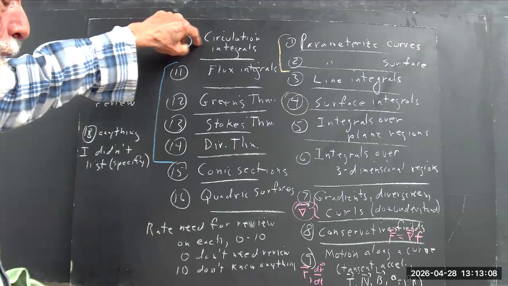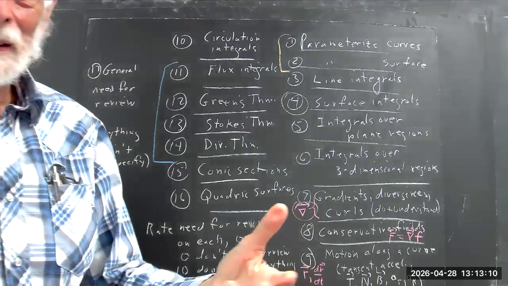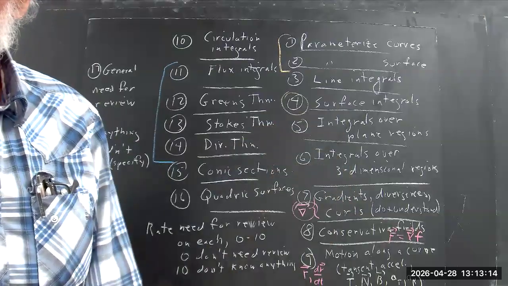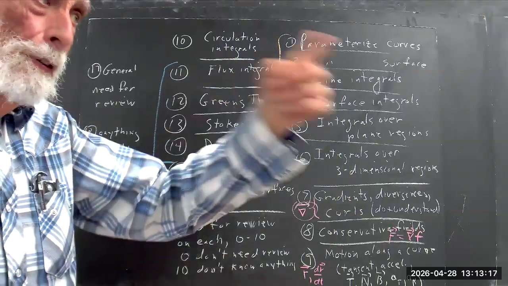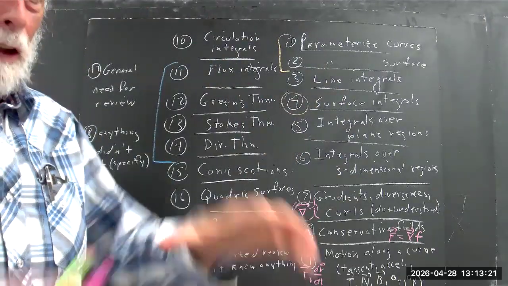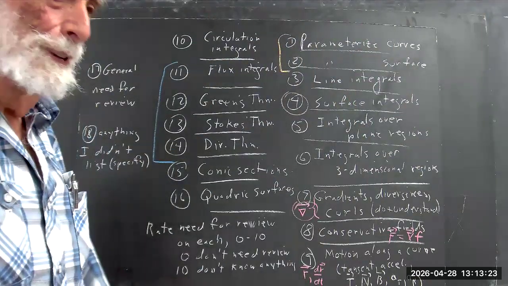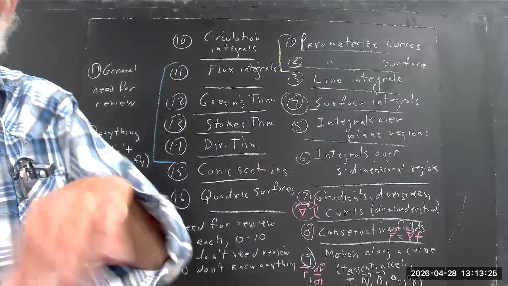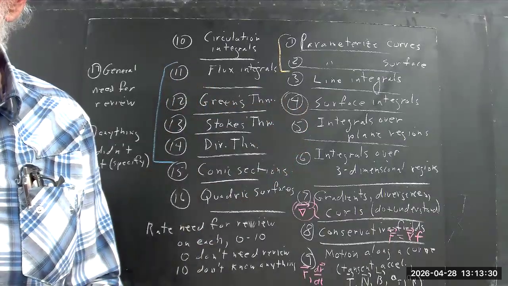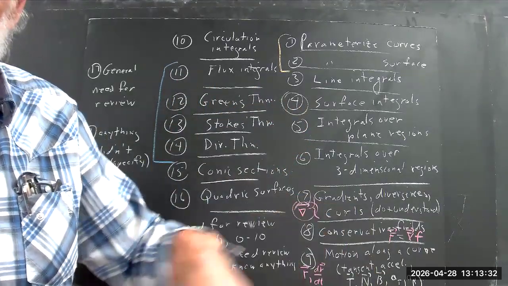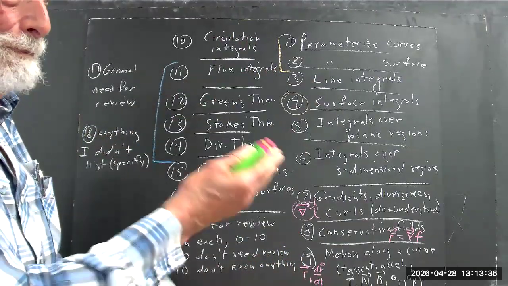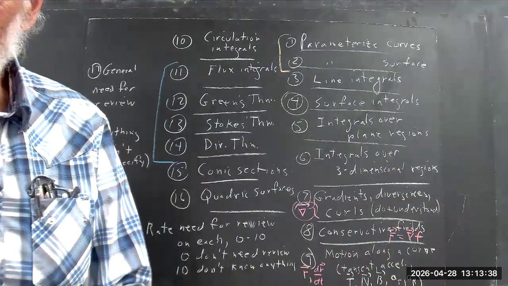Okay, circulation integral. A circulation integral, as I said, is nothing but a line integral around a closed path. Okay, the closed path is a boundary of some surface. Take a basketball and slice it anywhere. That gives you a surface bounded by whatever path the slice takes. You could even slice it along kind of a curved slice.